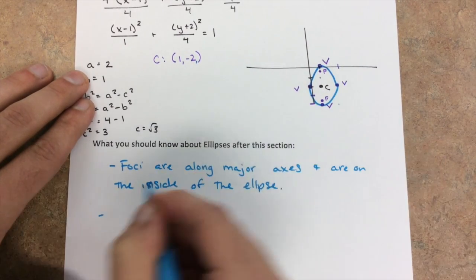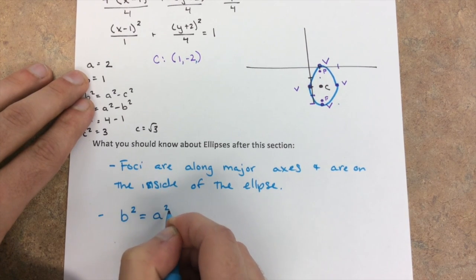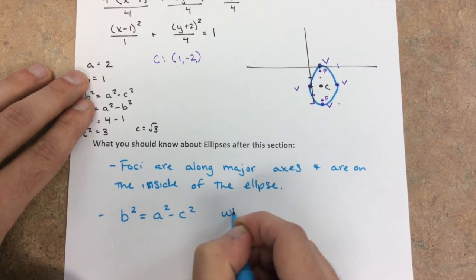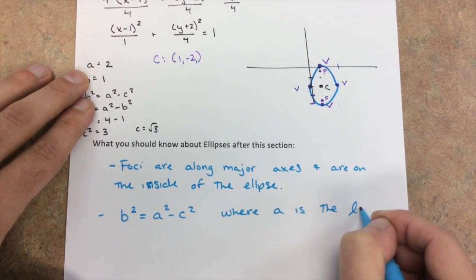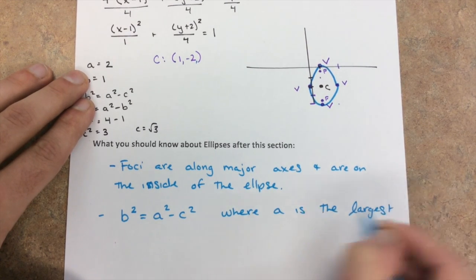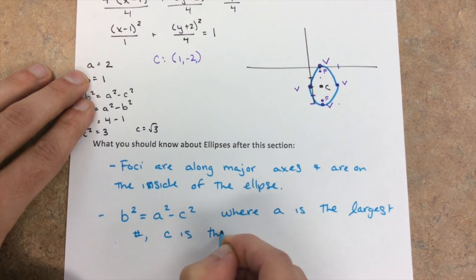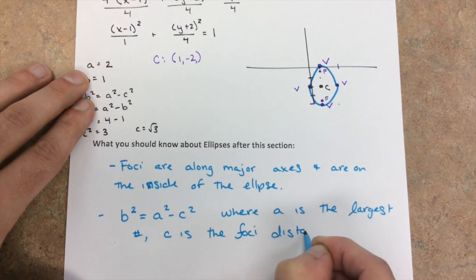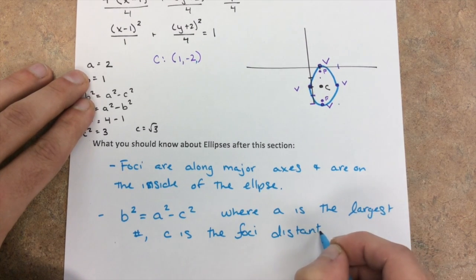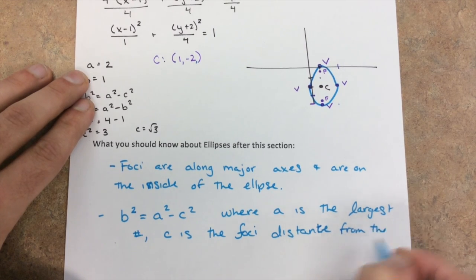The other thing that's really important is b squared equals a squared minus c squared, where a is the largest number and c is the foci distance from the center.